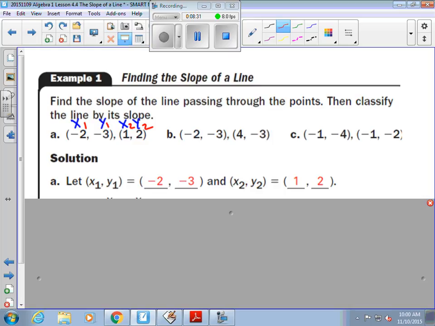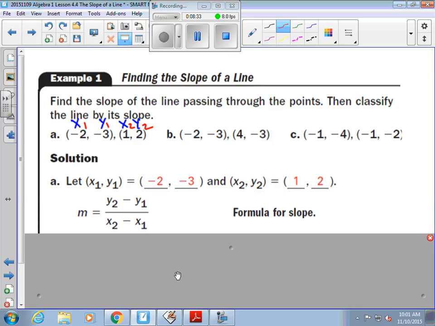So from there, your slope formula, y sub 2 minus y sub 1, or the difference of your y's. So y sub 2 is 2 minus y sub 1. Now we have minus a negative. This is where the mistake comes in. 2 minus a -3. What does minus a negative tell you to do? Add them.